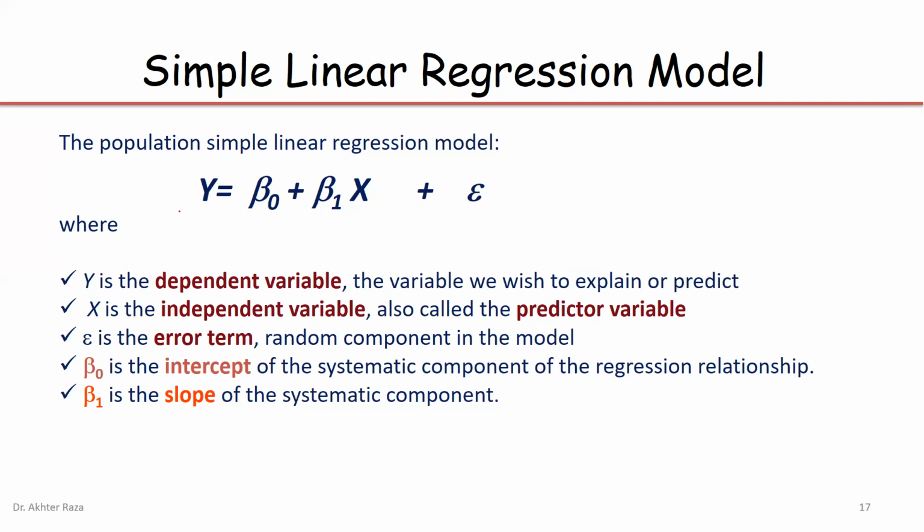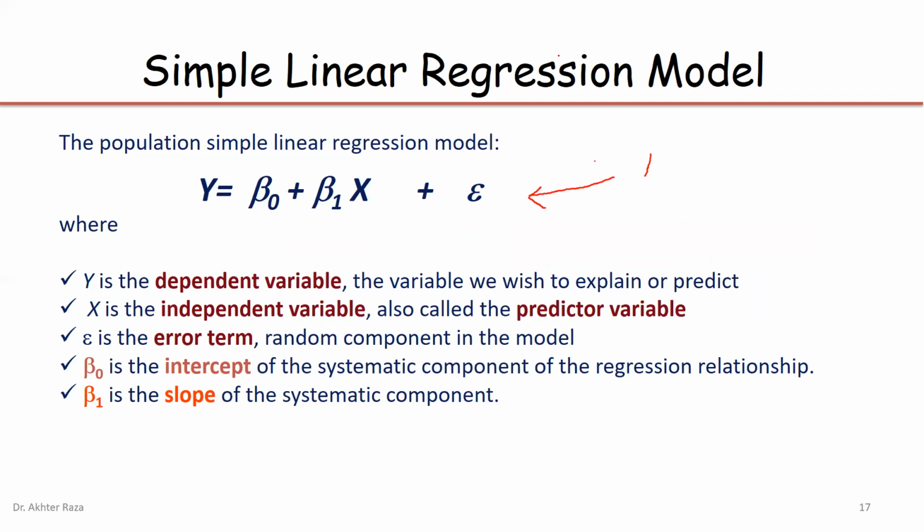This model is called a probabilistic model. The probabilistic model is what? A probabilistic model is a model in which we have a random factor, random error.